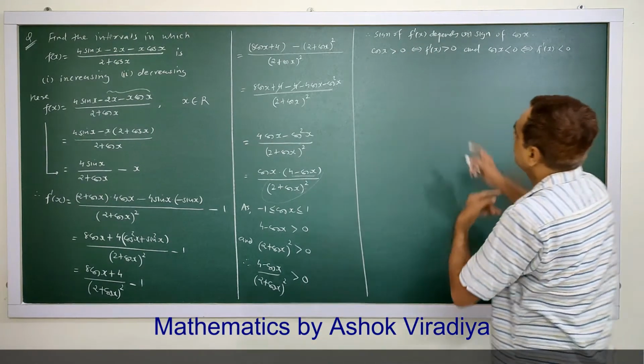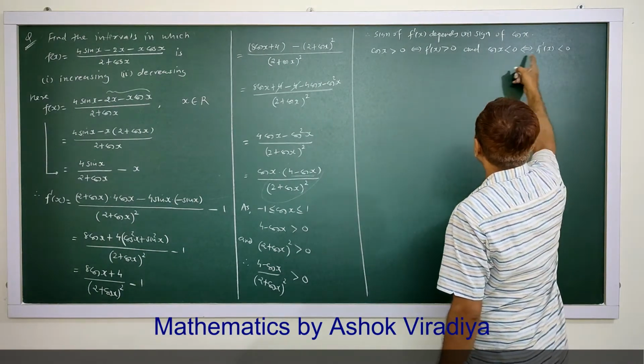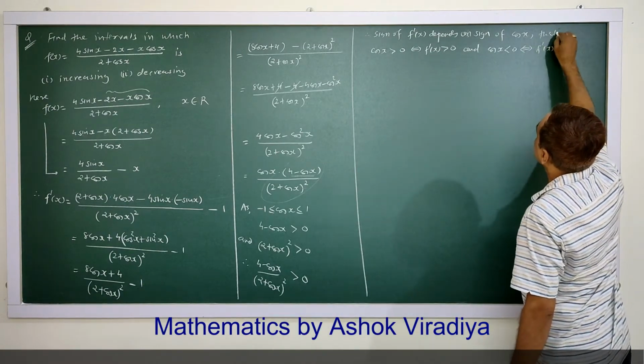Cos x positive implies f dash x positive, and cos x negative implies f dash x negative.